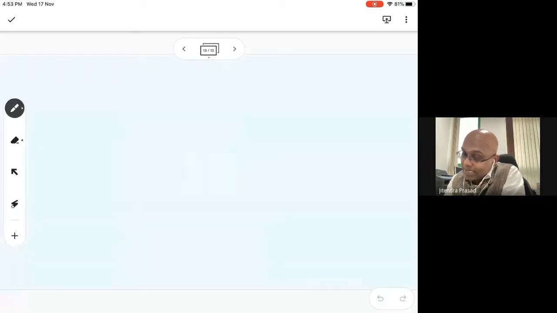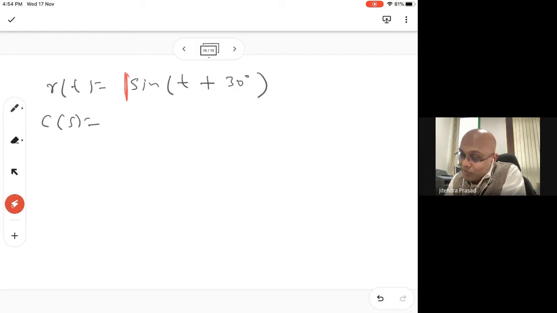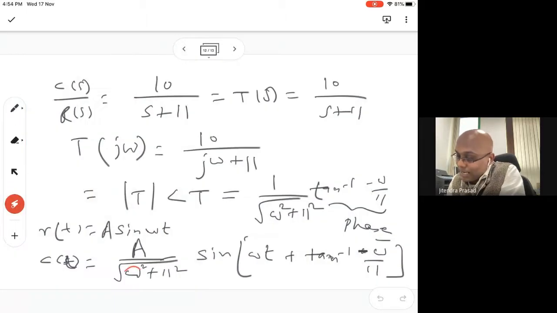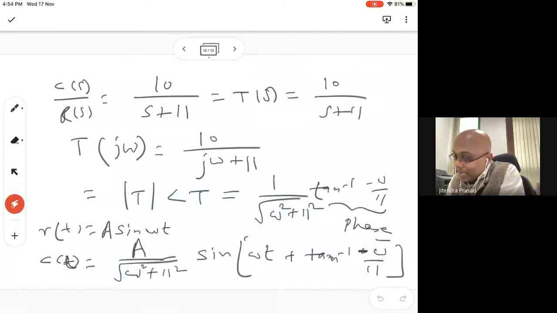Now the question is, if our r(t) is not sine t, but sine of t plus 30 degrees, the one we have right now, then what will be the case? In that case c(t) will be, we see here A equals 1, so we will have 1 times the root of omega square plus 11 square, then sine of omega t.